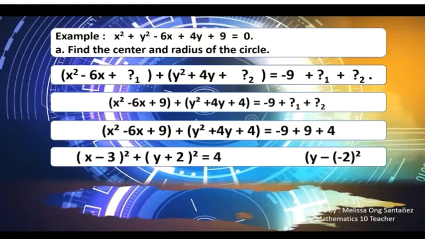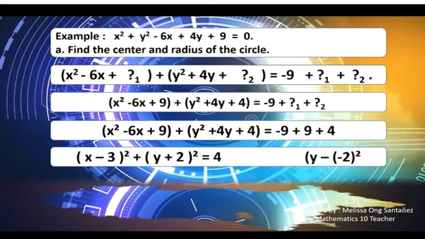Now, for this one, if you can remember that our formula has a minus sign, right? x minus h squared plus y minus k squared. We can't put plus here. So later on, as we will be plotting the circle onto the graph, we need to have the exact values for the coordinates so we know the exact location of the center of our circle.